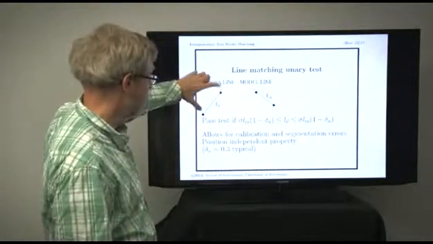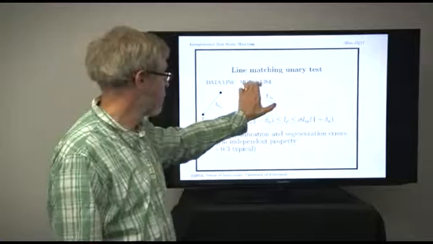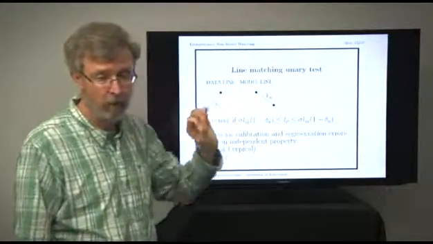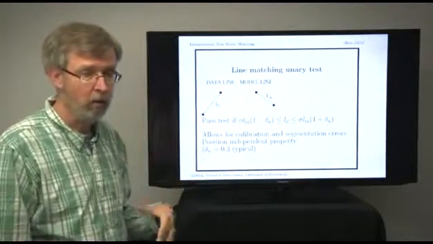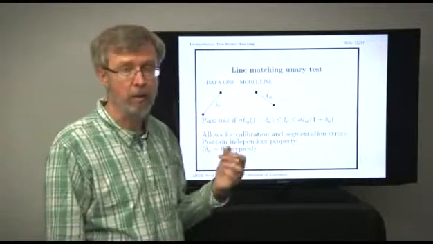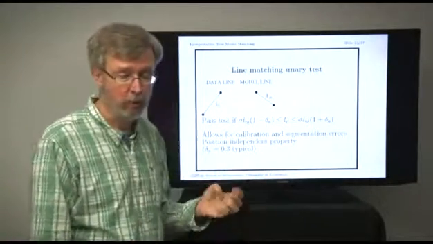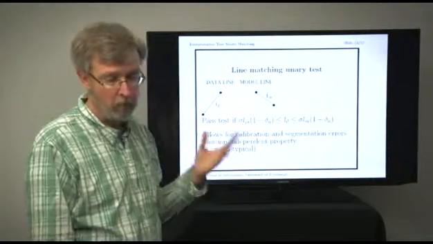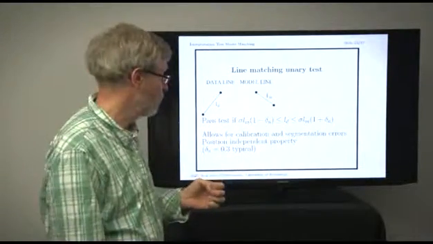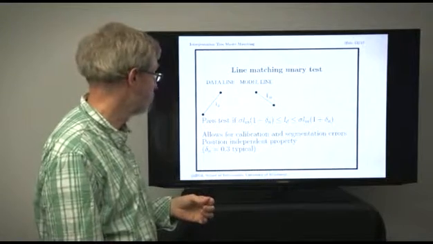So therefore, all we can really say is: is the length of the data line the same as the length of the model line? Now we have to be a little bit careful about this because our segmentation algorithm may have given us some data lines which are a little bit too short or too long, and therefore we need to add some tolerances into this.